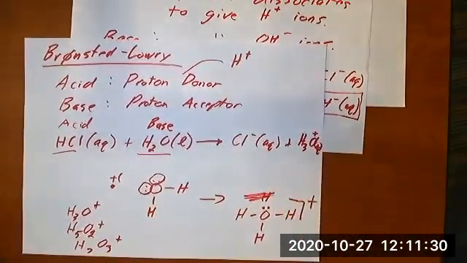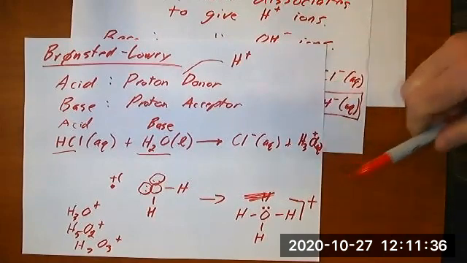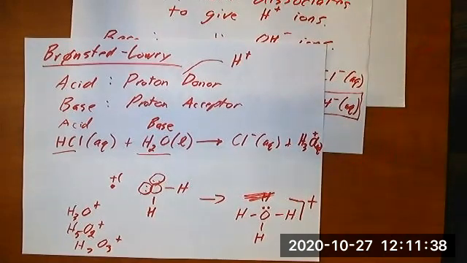The thing to notice here, in contrast to the Arrhenius definition, is that this is not a substance-based definition of what an acid or a base is. This is a reaction-based definition. Something acts as an acid or acts as a base in a reaction.